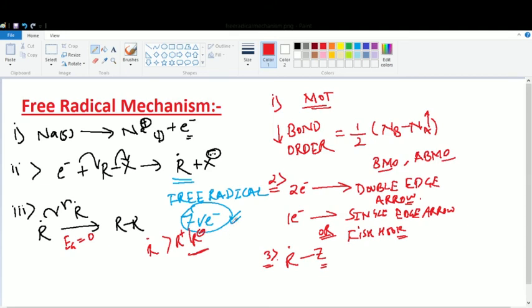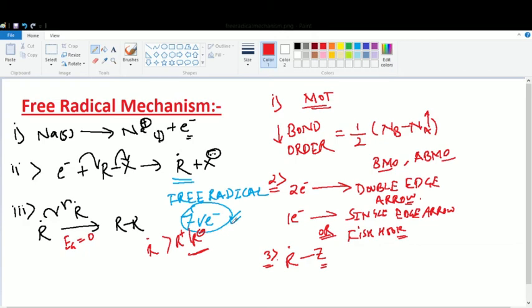We could discuss this in great detail, but it would make the video very long, so we are not going to discuss why free radicals are highly energetic as compared to carbocation as well as carbanion.